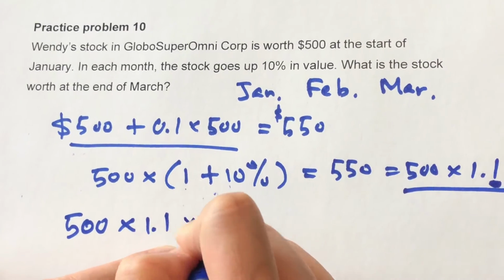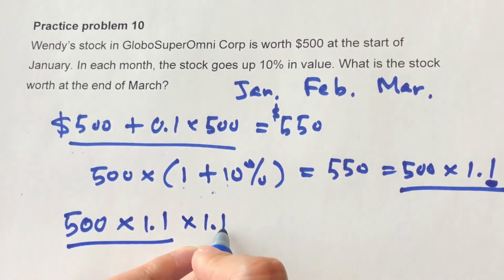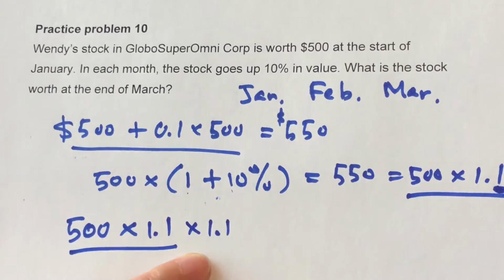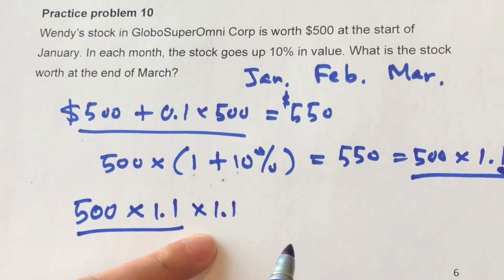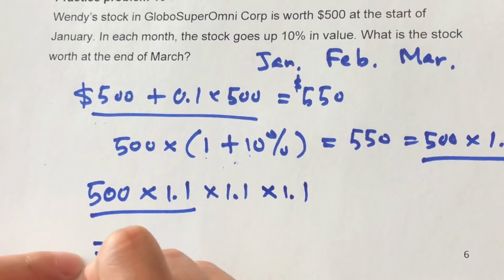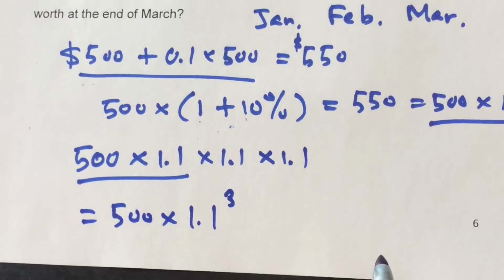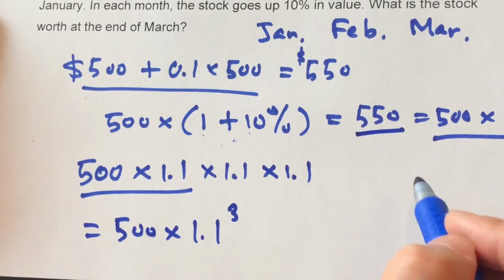Second month is this value multiplied by another 1.1. That's increased by 10% of the first month value, already increased from the original value. Third month, you multiply that again. So therefore, you would come up to 1.1 to the power of 3. Or you just continue doing this.